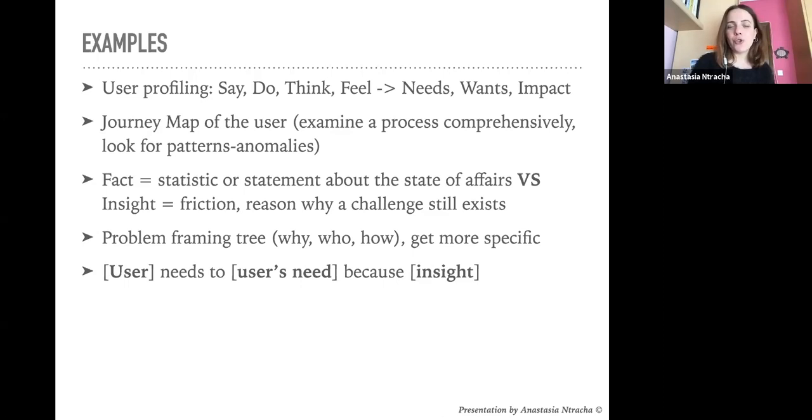Another thing to really define what kind of problem you're trying to solve is to build a problem framing tree. This means that you start with the big question, the why, and then you keep going deeper by asking why, who, and how. So our case again would be parents understand why their baby is crying.